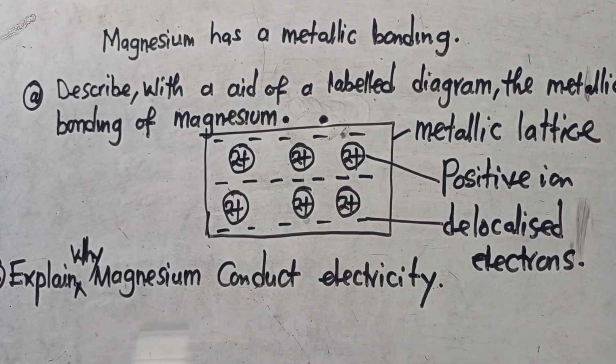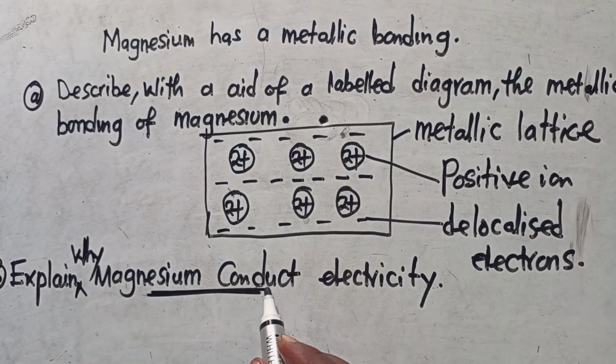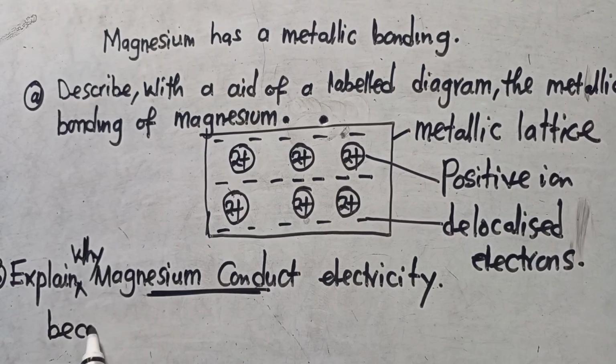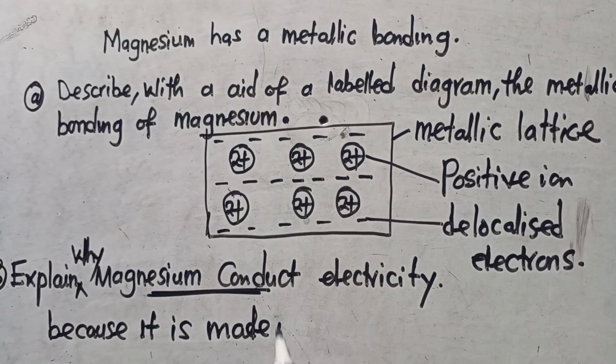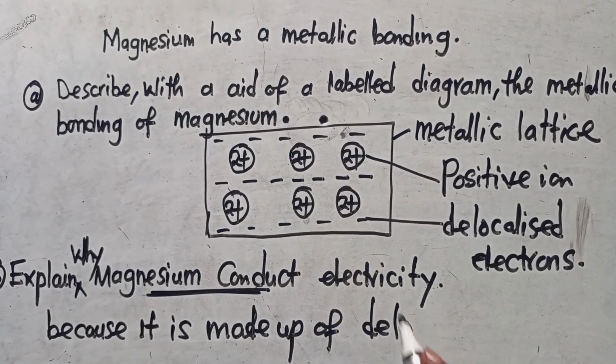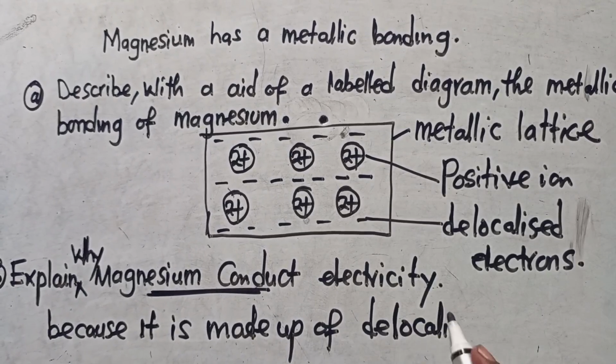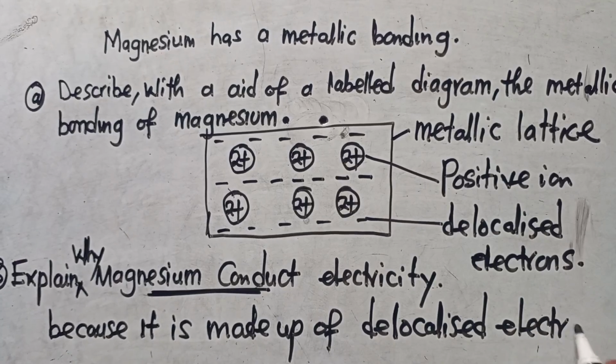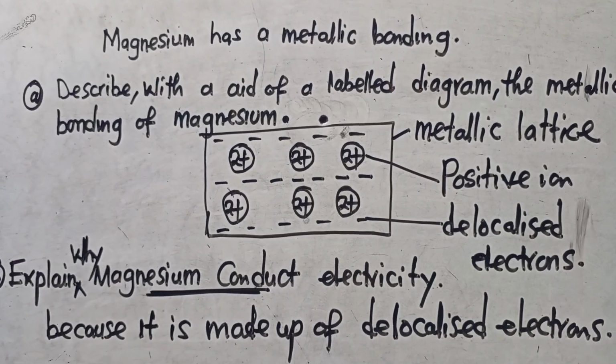So I'm going to say the reason why magnesium conducts electricity is because it is made up of delocalized electrons. This is what you are supposed to know. So these are certain things you need to get.